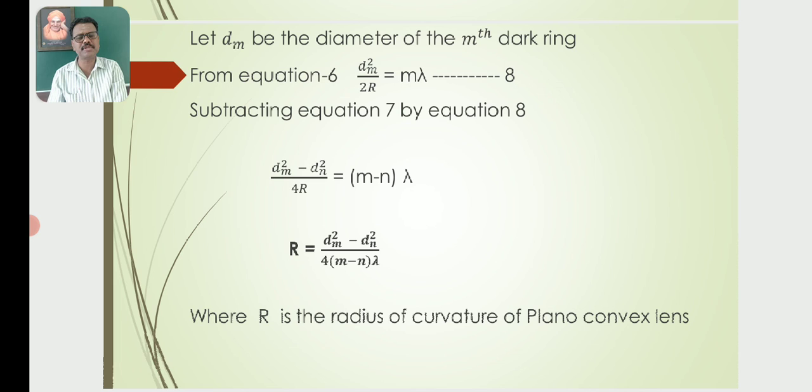Lambda is the wavelength of the sodium lamp, that is, yellow color. By substituting the values of dm, dn, m, n and lambda, we calculate the radius of curvature of the plano-convex lens. This is the formula used to determine it using Newton's rings.